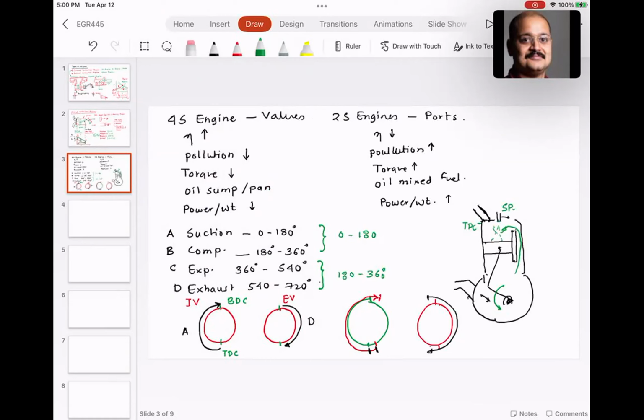So 4-stroke requires 2 revolutions of the crankshaft to finish the entire cycle. 2-stroke will need only 1 revolution of the crankshaft to complete the cycle. That's why it is called 2-stroke, and that's why it's called 4-stroke.